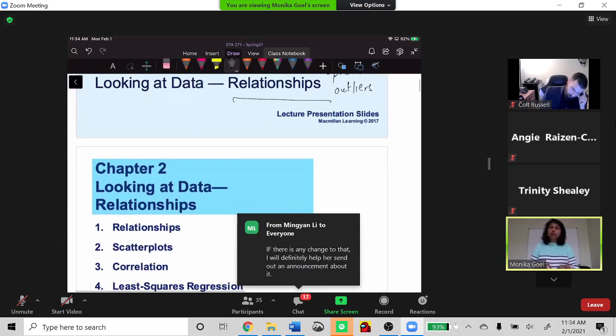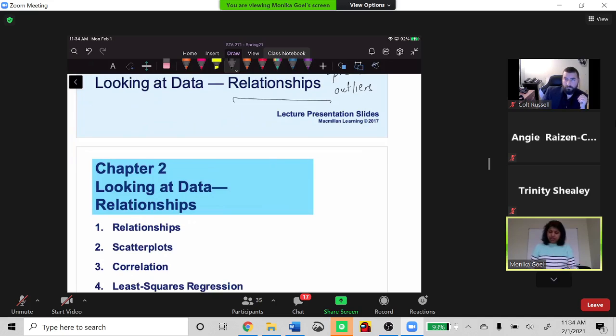So when we have 2 variables for each individual, we are working with a bivariate data set. In the word bivariate, bi means 2, and variate refers to variables.